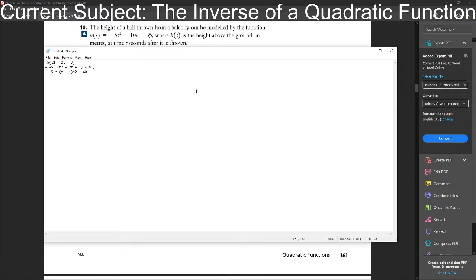Okay, so first you factored out the -5, to be specific. So that looks good. -5t squared divided by -5 is just t squared. Positive 10t divided by -5 is just -2t, and -35 divided by -5 is just -7.